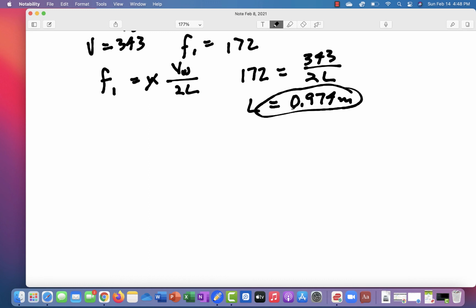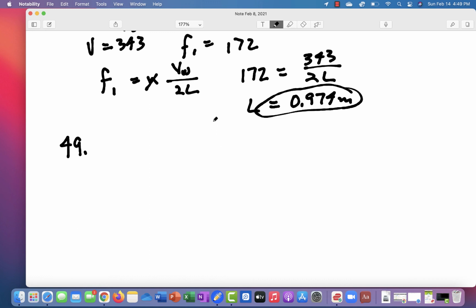The last problem, problem number 49. By what fraction do the frequencies produced by a wind instrument change if the temperature changes from 10 to 30 degrees? This question gets to a problem that occurs when you're playing music outside, because the temperature does affect it.